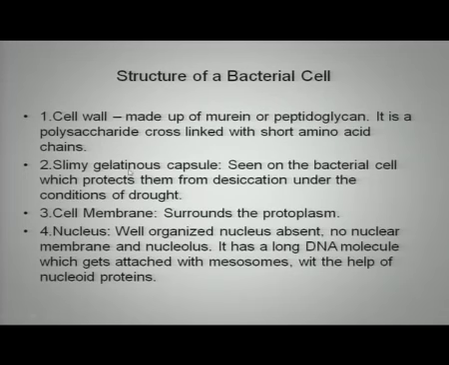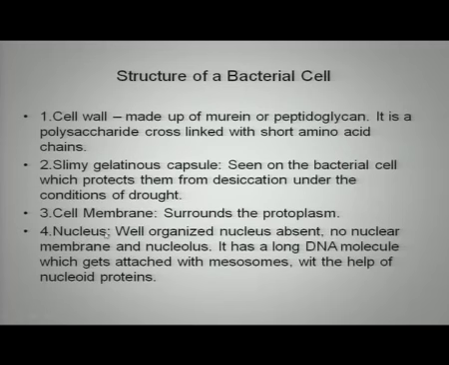The second layer is the slimy gelatinous capsule. It is seen on the bacterial cell, which protects it from desiccation under conditions of drought. The third layer is known as the cell membrane, which surrounds the protoplasm.